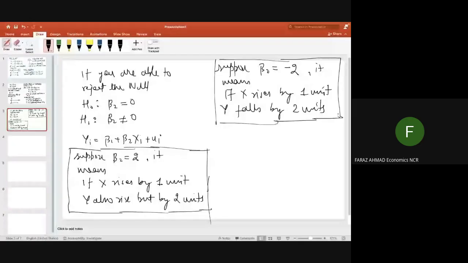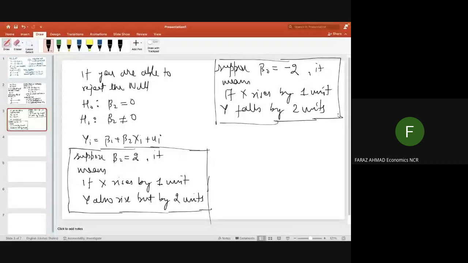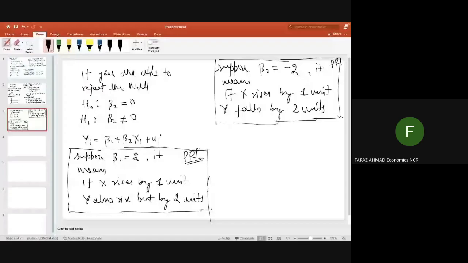Right? So that sort of conclusion you can get. Of course, we can't get beta 2 equals 2 or beta 2 equals -2. But if you got it, you would say something like this. And we are talking about PRF. So we are talking about population, right? That's the reason why we will never know this. But suppose if you know this. Anyways, so beta 2 is not equal to 0 means it can be positive or negative.